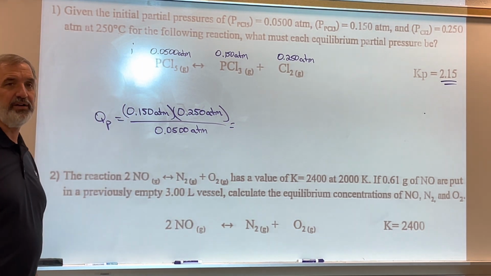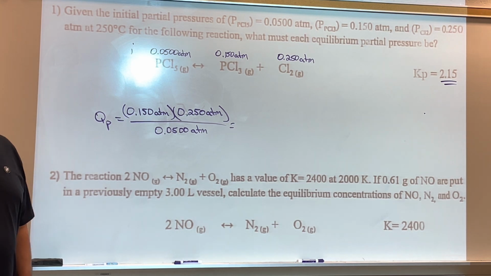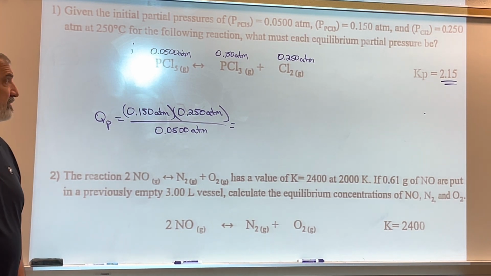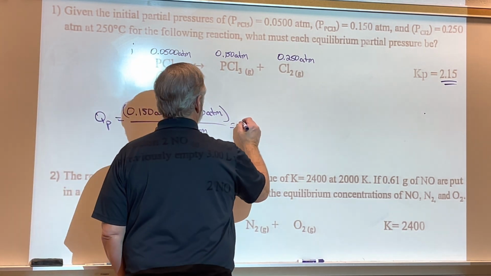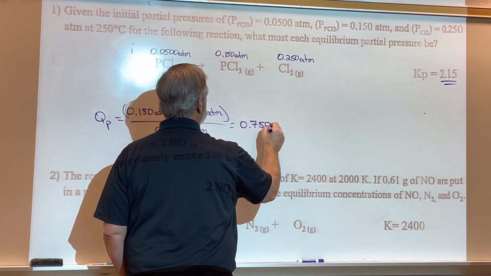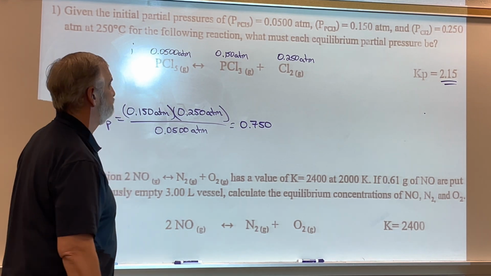When you divide that out, what do we get for the value of Q? 0.75? Okay, we can do 3 sig figs, so 0.750.